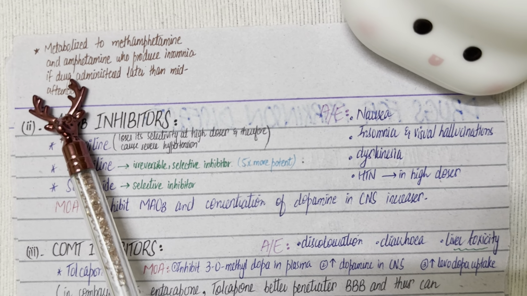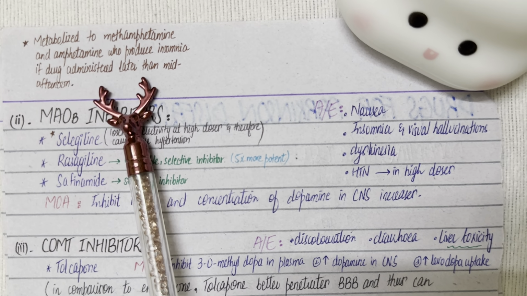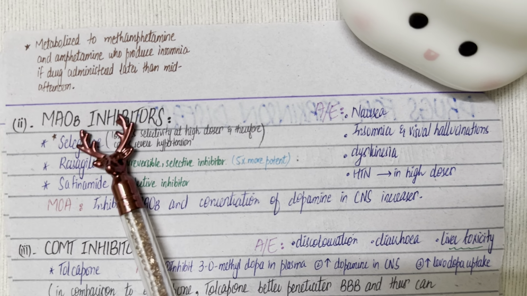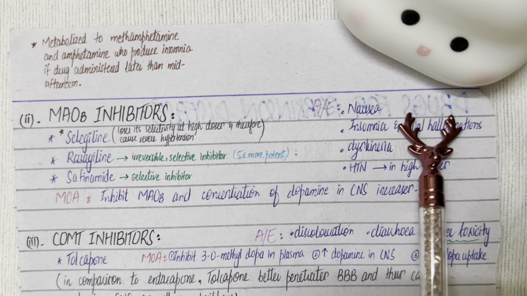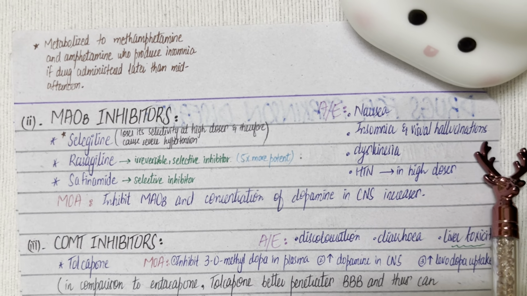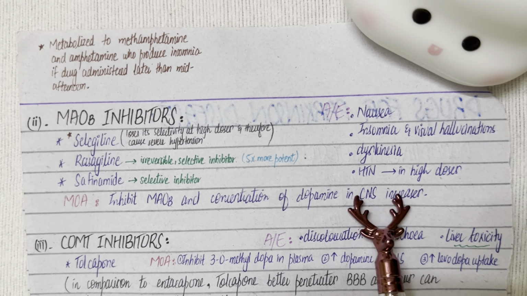Selegiline is, on other hand, metabolized to methamphetamines and amphetamines and thus produces insomnia. We should make sure that the drug is not administered after mid-afternoon. Adverse effects are nausea, insomnia, and visual hallucinations, dyskinesia, and hypertension, that is if selegiline is given in high doses.